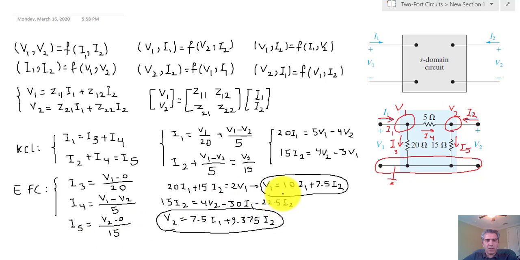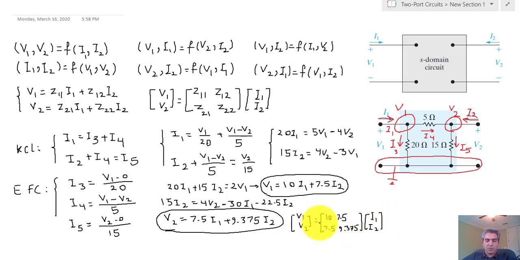So based on this, if I want to write these 2 equations in this form and figure out what the z parameters are, it would be V1 and V2 is equal to the matrix of 10, 7.5, 7.5, 9.375 multiplied by I1 and I2.